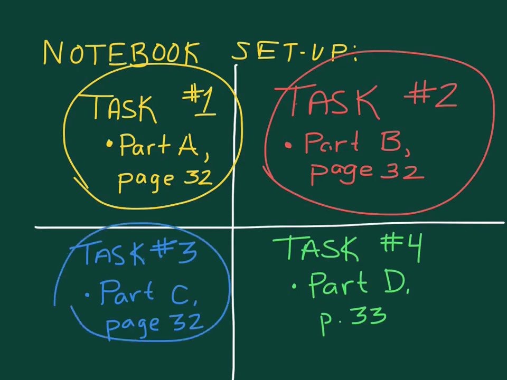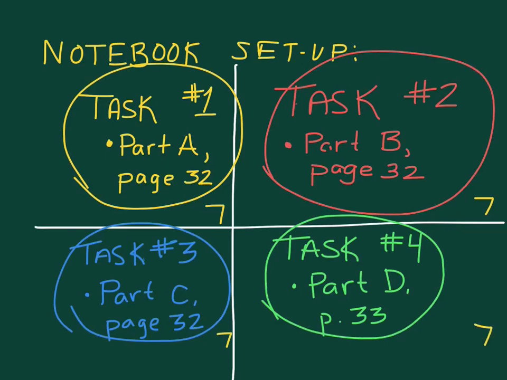Task 3 is part C on page 32, and task 4, which is part D on page 33. Today in class, you will have 7 minutes to work through each of these 4 tasks for a total of 28 minutes.